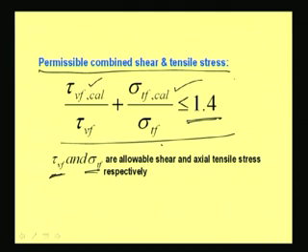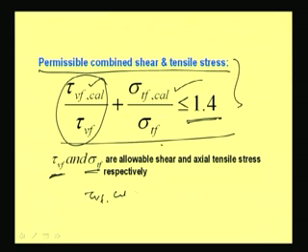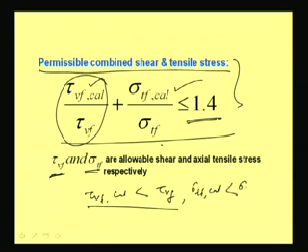On the basis of this, we first have to see that this should be less than 1, that means tau Vf cal should not exceed tau Vf. The calculated shear stress in the rivet has to be less than tau Vf, and similarly sigma Tf cal has to be less than sigma Tf.